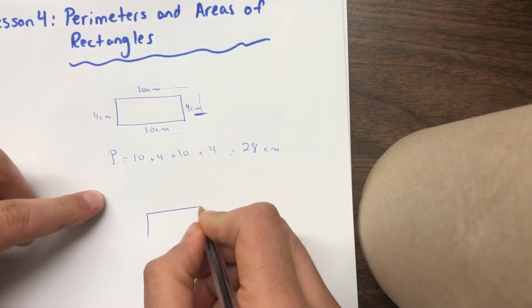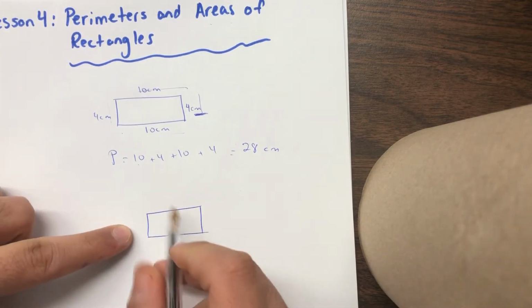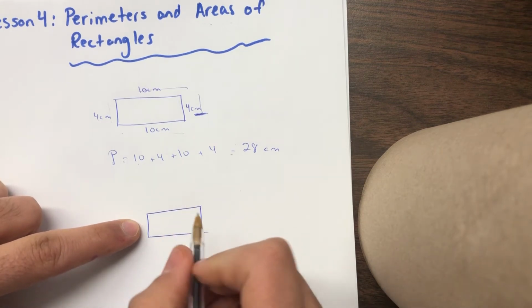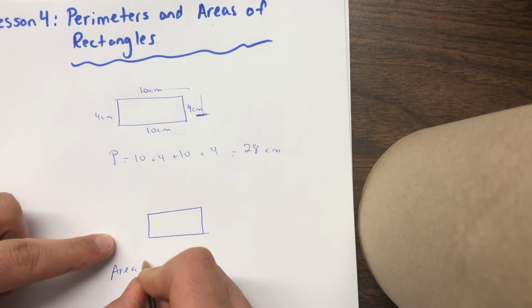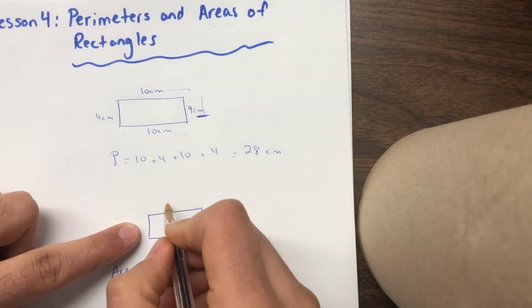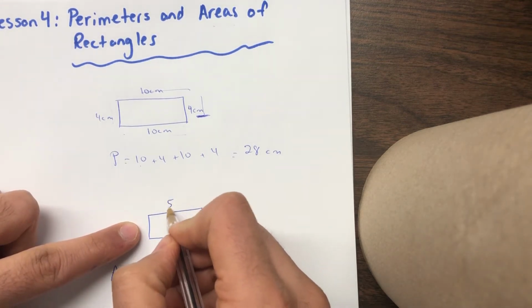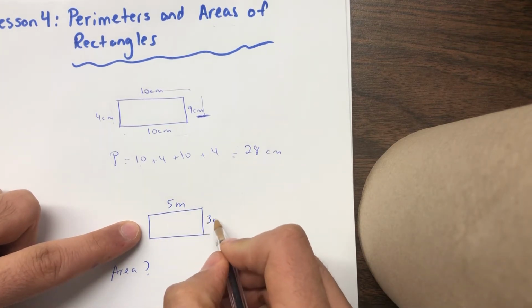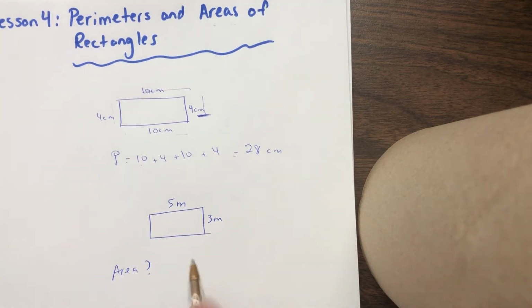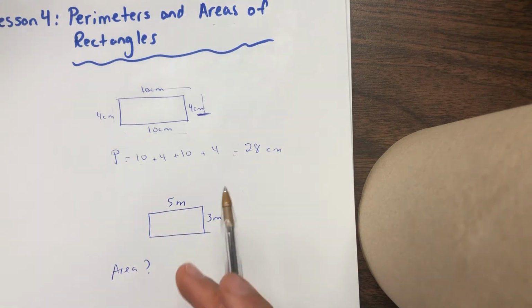I could be drawing a rectangle for you and ask the question, what is the area of this rectangle, given that this side is equal to 5 meters and this side is equal to 3 meters. And that's all you get. There are no squares, there is no grid paper.